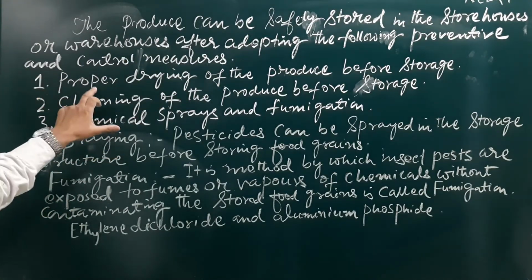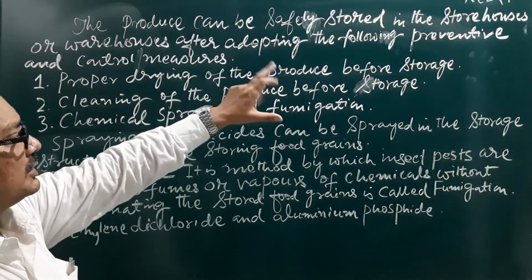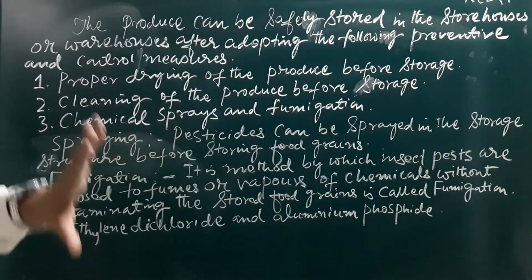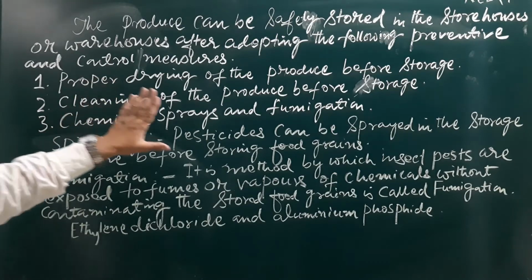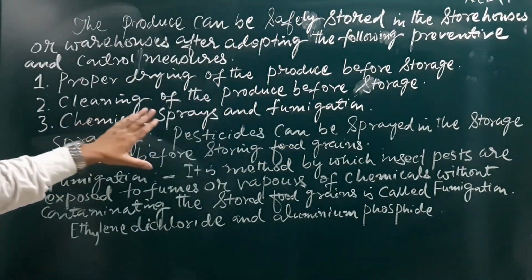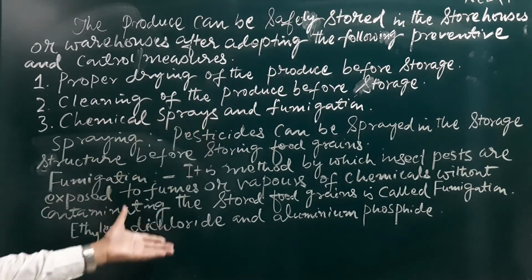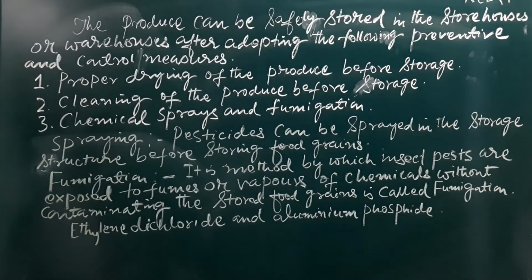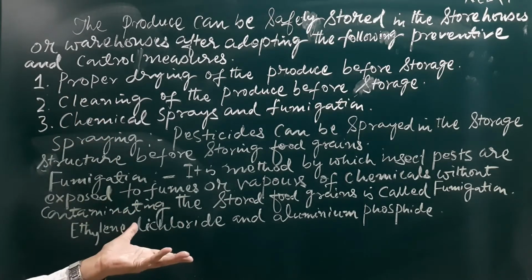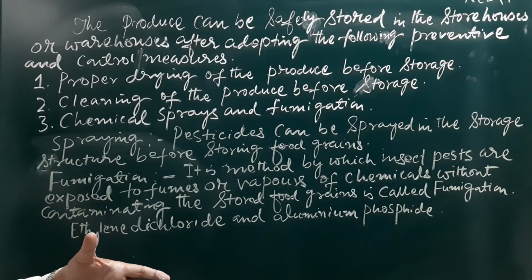Number one, proper drying of the produce before storage, cleaning of the produce before storage, chemical sprays and fumigation. Two terms are used here: sprays, like insecticide, pesticide, weedicide, fungicide, rodenticide.